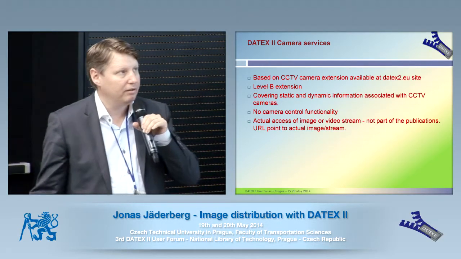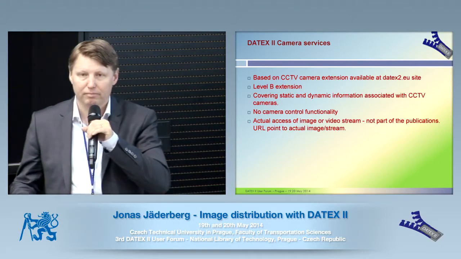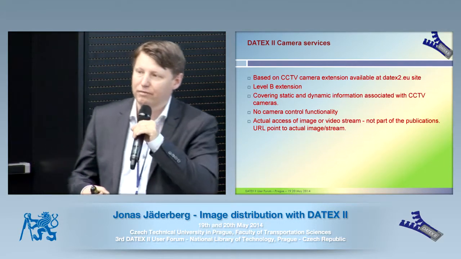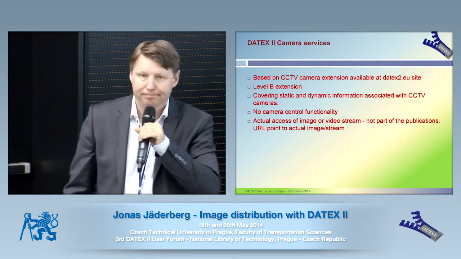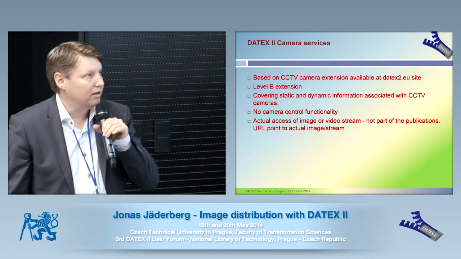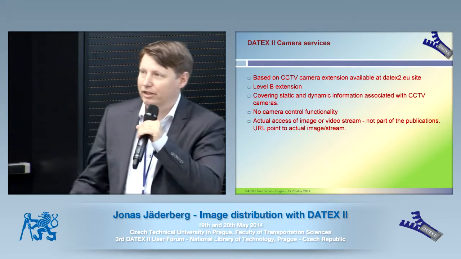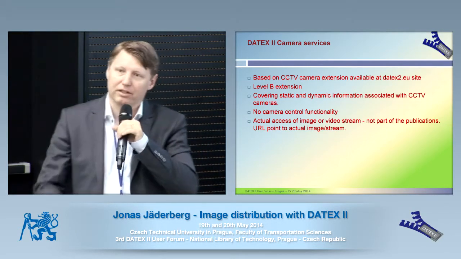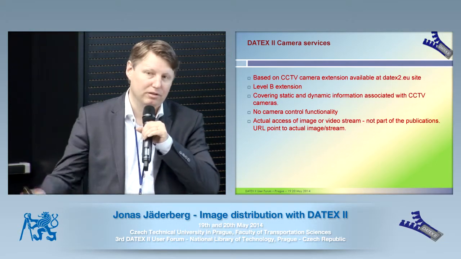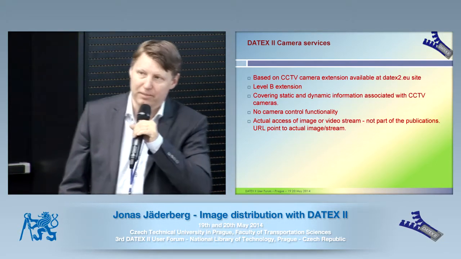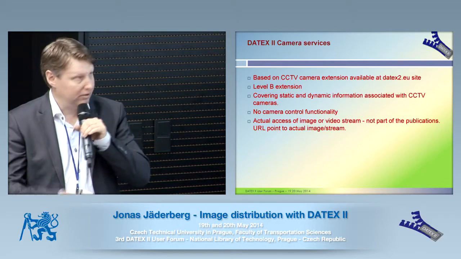There is no functionality to control a camera in this publication, but it can give information about the direction of the camera, for example. The actual access to images or video streams is not part of this publication itself. The publication points to a URL where you find the image or a video stream or similar things.